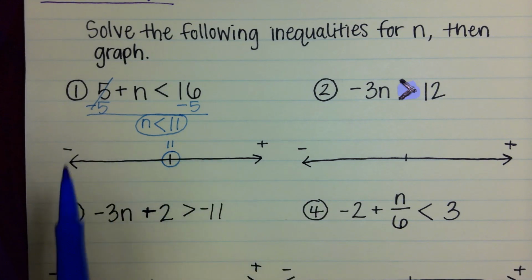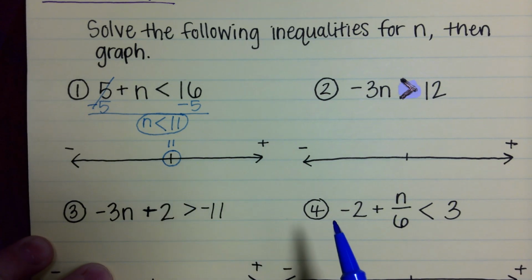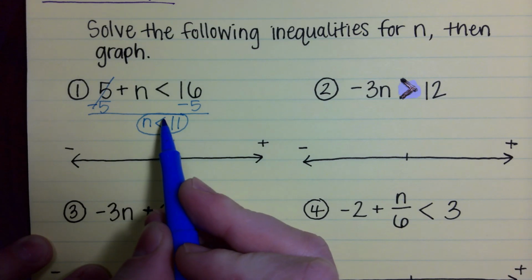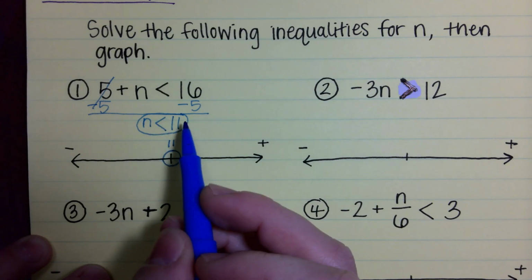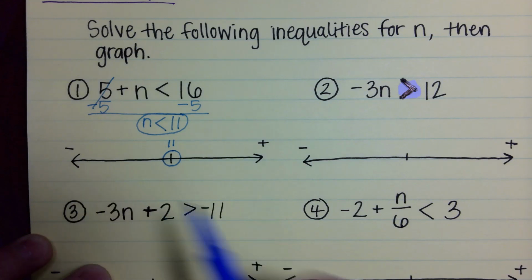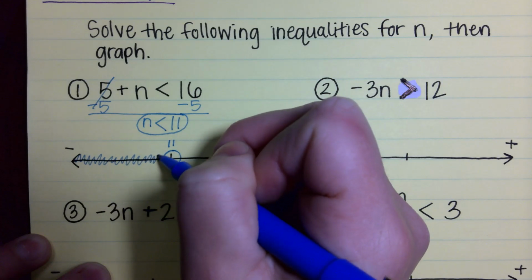Now, how are we going to show visually that we are including all the numbers smaller than 11? It says n is less than 11, so we want to color in everything that is less than 11. So we're going to shade this way.